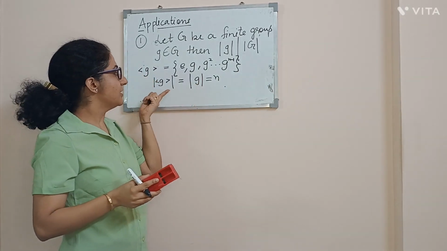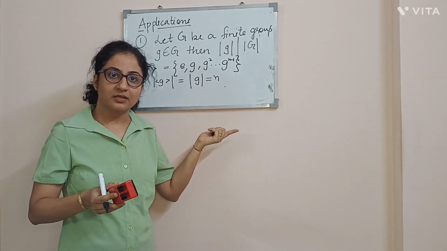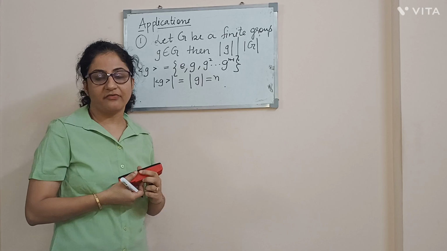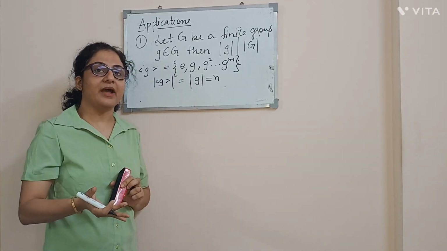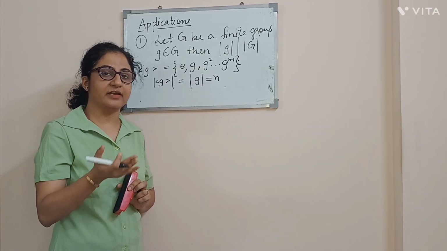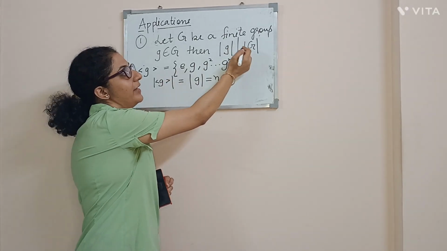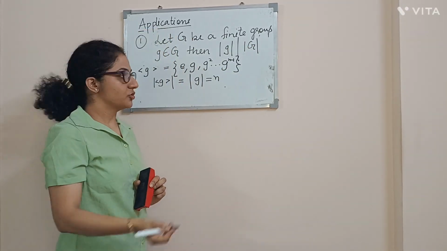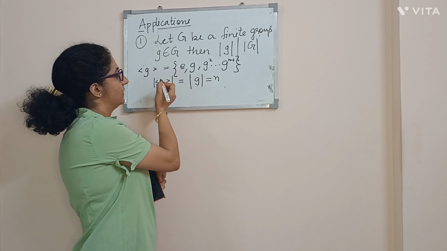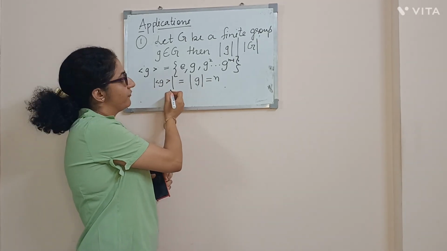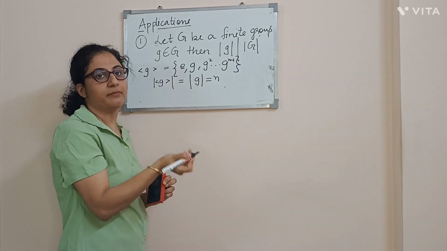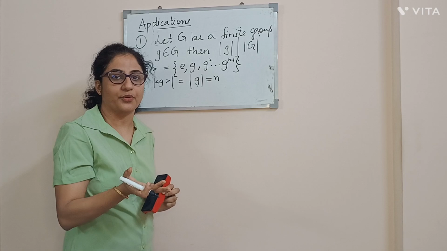Again, it means it's a subgroup of G. It is a subgroup by definition, and we just apply Lagrange's theorem, which says because it's a subgroup, it must divide the order of G. So the subgroup generated by g divides the order of G by Lagrange's theorem.